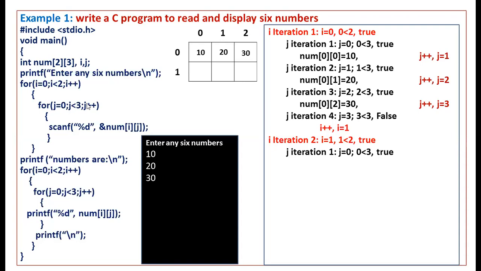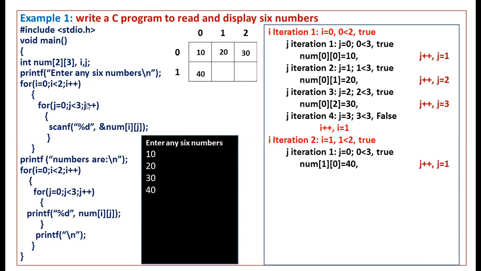J value is 0 because the j for loop starts to execute again. J value is 0, 0 less than 3, it is true. If it is true, scanf will execute and we enter 40 and element 40 will be stored in num of i, j. Here I value is 1, j value is 0. Num of 1, 0. The 40 will be stored in num of 1, 0 and j increments.